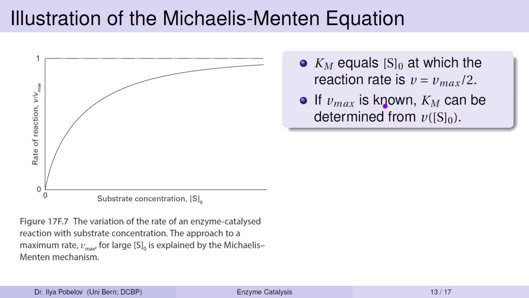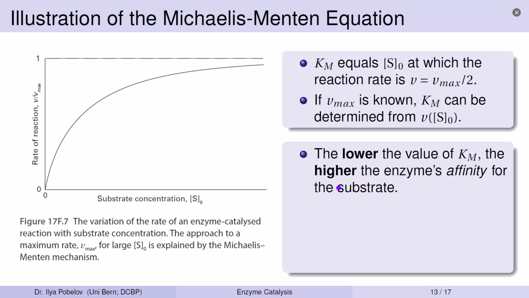Therefore, if the maximum rate is known with certainty, Km can be determined by examining the reaction rate as a function of the substrate concentration. By identifying the point where the reaction rate is half of its maximum value on this curve, the corresponding substrate concentration gives the value of Km.